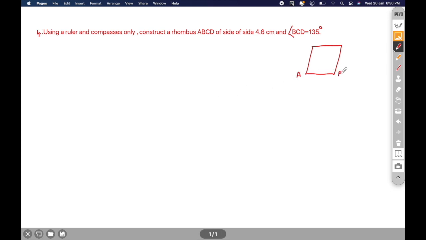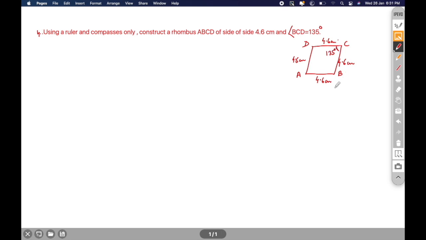So ABCD is a rhombus where each side is 4.6 centimeter because all sides of the rhombus are equal and opposite angles are equal. Now here angle BCD is 135 degree. So this angle is supposed to be 135 degree.